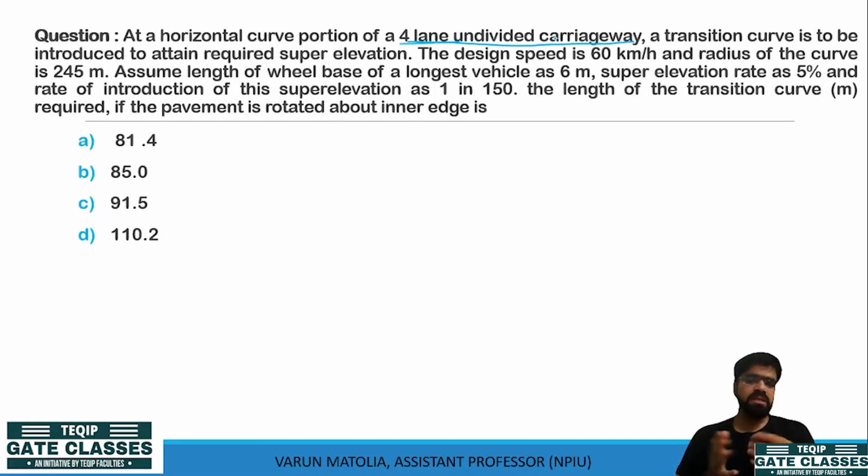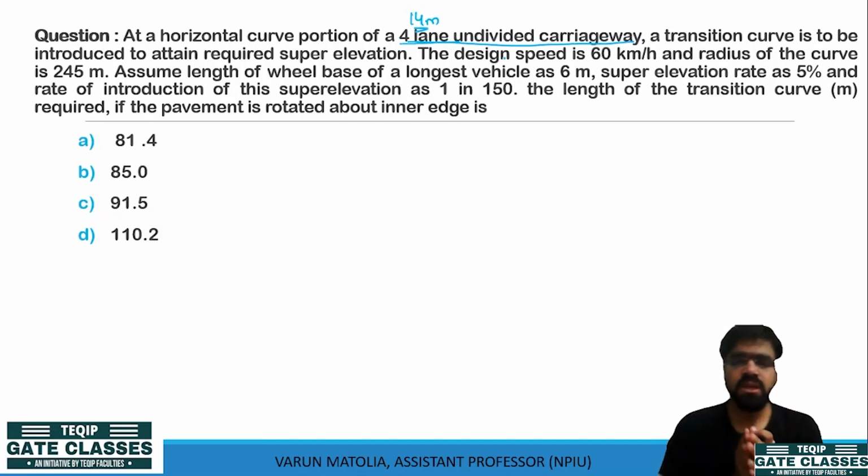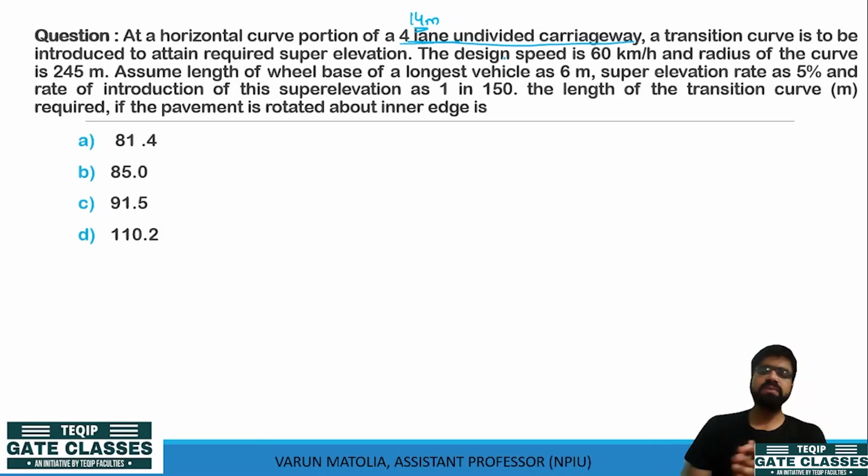For more lanes, for any undivided carriageway, add 3.5 for each lane. So for 2 additional lanes, we'll add twice 3.5, that is 7, to 7. So total width is 14. We may use it in the question, may not, but just for the discussion, the 4-lane undivided carriageway is 14 meters. If it is a divided carriageway, let us add the median to this width.